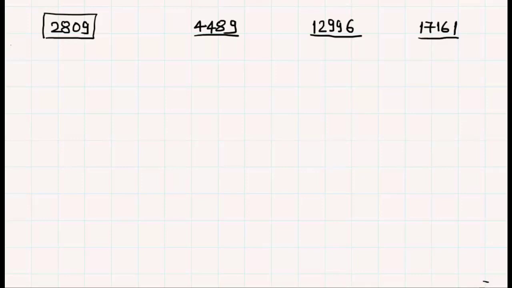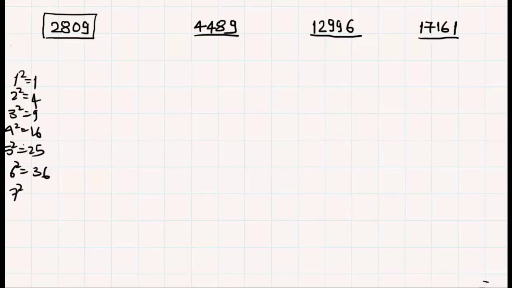By the estimation method, first thing that we know is 1 square equals 1, 2 square equals 4, 3 square equals 9, 4 square equals 16, 5 square equals 25, 6 square equals 36, 7 square equals 49, 8 square equals 64, 9 square equals 81, and lastly 10 square equals 100.